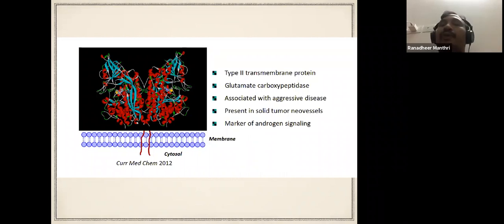That is why most of the prostate cancer imaging, which we were previously using, indium-111 ProstaScint, which was targeting the intracellular component, was not successful. Now we are concentrating on the extracellular component, and this gets internalized once it binds to it. It is nothing but an enzyme inhibitor which we are concentrating on. Next slide, please.